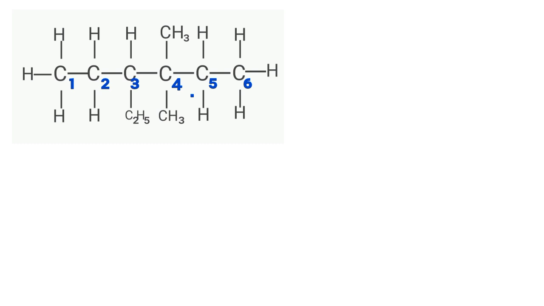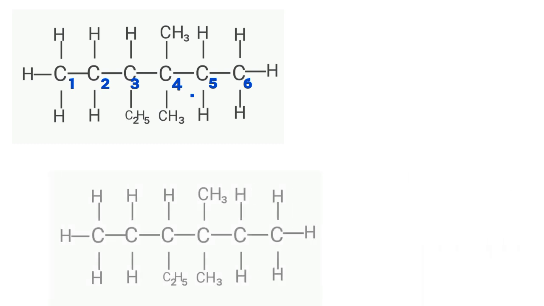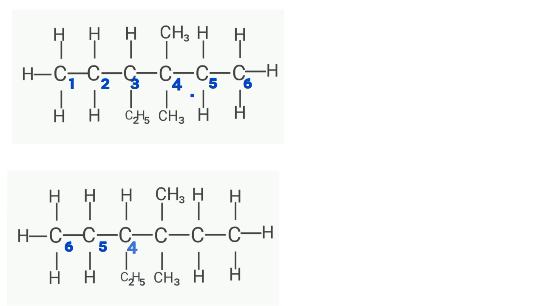So the next thing to do is to number the parent chain from the left to the right and then from the right to the left. For the first structure here, we have an ethyl group on carbon 3 and 2 methyl groups on carbon 4. For the second structure, we have an ethyl group on carbon 4 and 2 methyl groups on carbon 3.